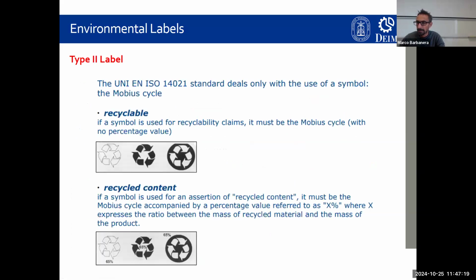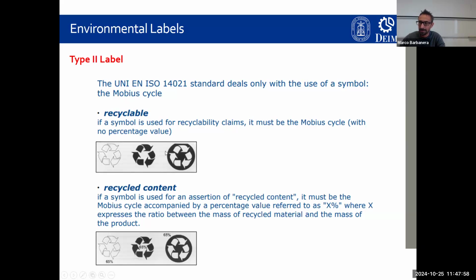So here you can see, for example, the only two declarations that are defined in the technical standard. In particular, in the technical standard, you can find how you can declare and how you can obtain this kind of label about the recyclable or recycled content of the material.